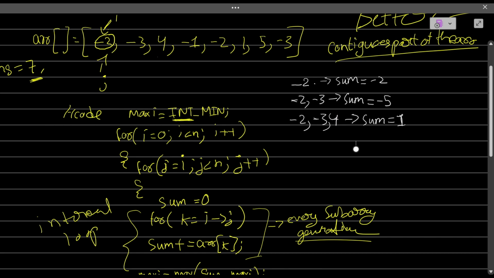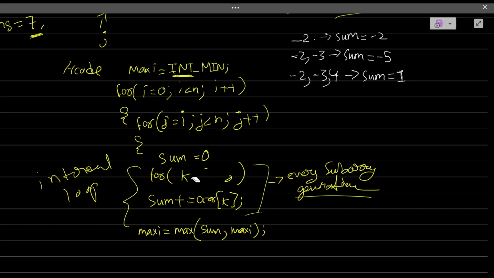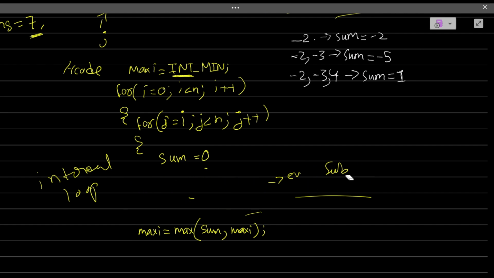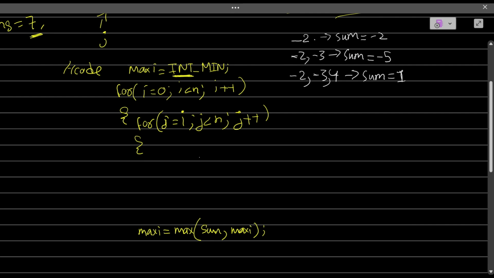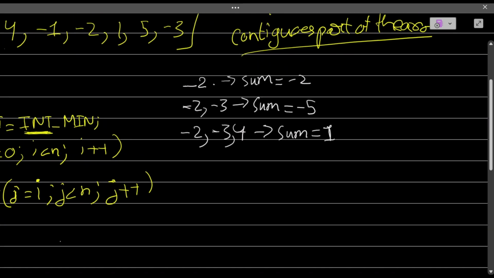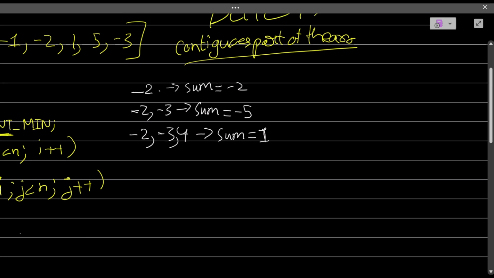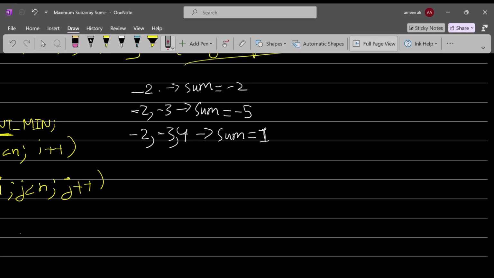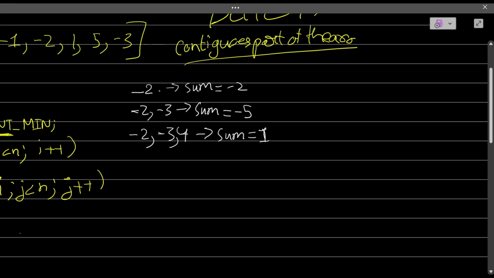To optimize this, I'm going to remove this extra loop. Whatever the summation of my previous subarray is, I'll add the next element to it. Then I get my summation.